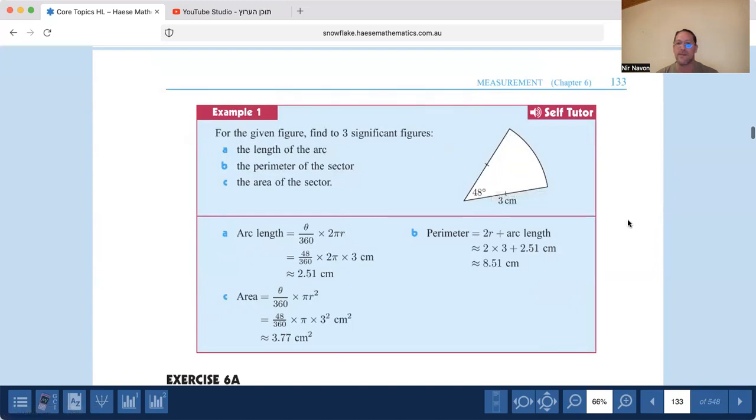So that is 6 plus 2.51. And the area of the sector is 48 over 360 times pi r squared, which is 3.77 centimeters squared because it's area.